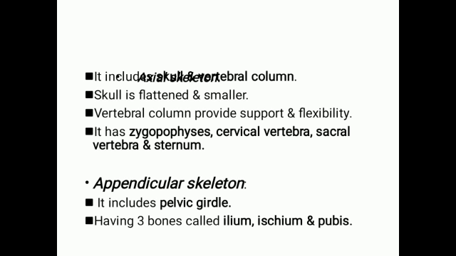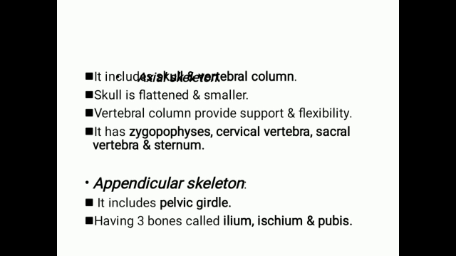Axial skeleton includes the skull and vertebral column. The skull is flattened and smaller. The vertebral column provides support and flexibility. It has zygapophyses, cervical vertebra, sacral vertebra and sternum.